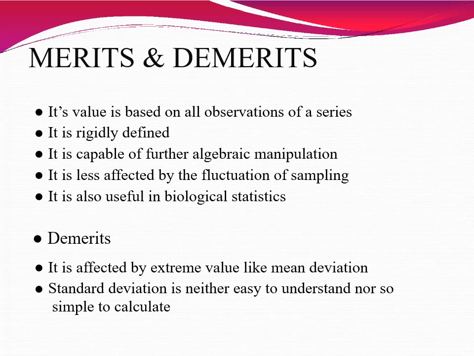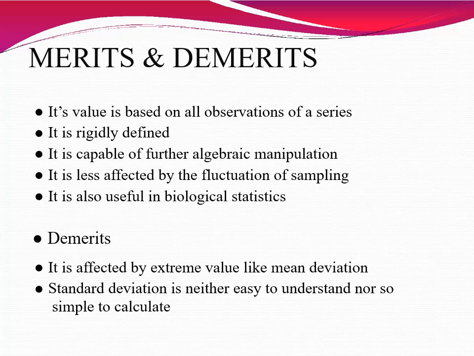Then there are some demerits also. It is affected by extreme values, like mean deviation. Whether decimals are there or the assumed mean that you take, it gives slightly varying answers, and that is why it is said to be affected by extreme values.